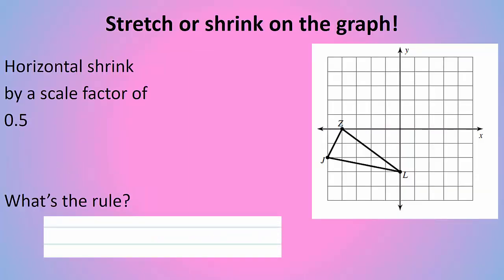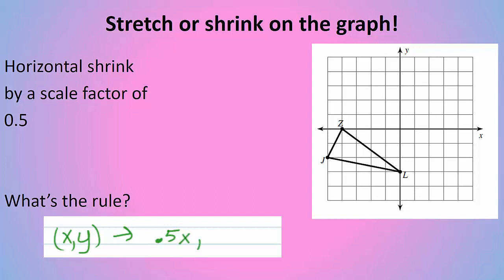Let's look at some examples. Our description tells us to perform a horizontal shrink by a scale factor of 0.5. First, we want to start with writing the rule. So (x, y) will form (0.5x, y).